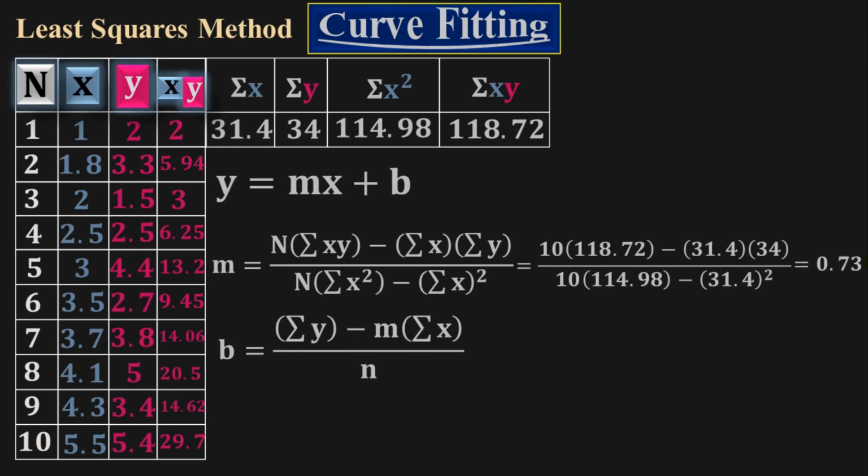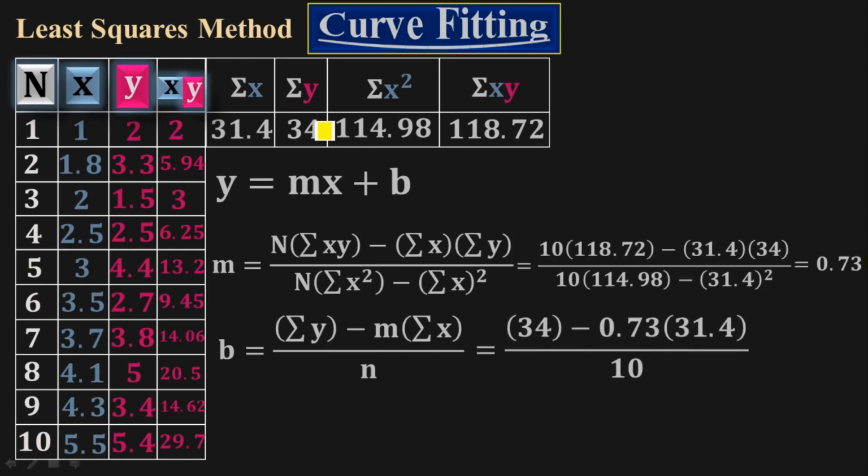Now plug in the values for the b. Sigma y is 34. Plug in 34 for sigma y here, and minus m. What is m? m is 0.73. Plug in 0.73 for the m. Sigma x is 31.4. Plug in 31.4 for sigma x. All over n. What is n? n is the number of points.